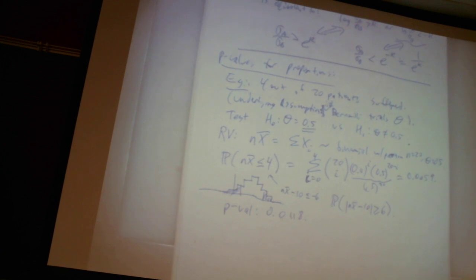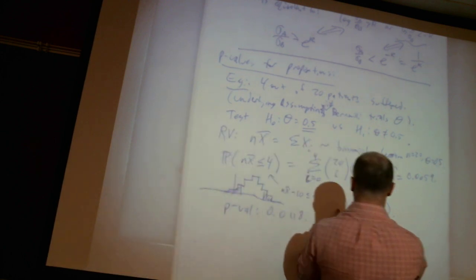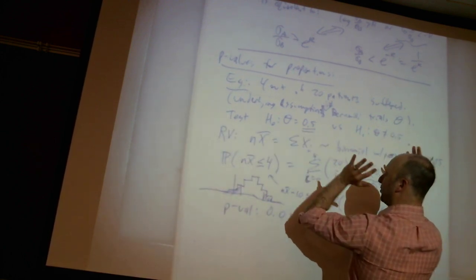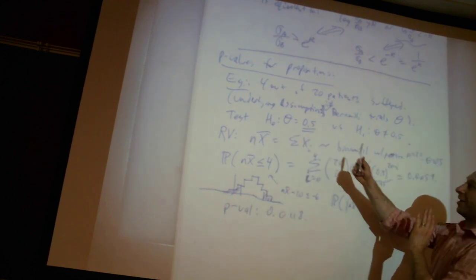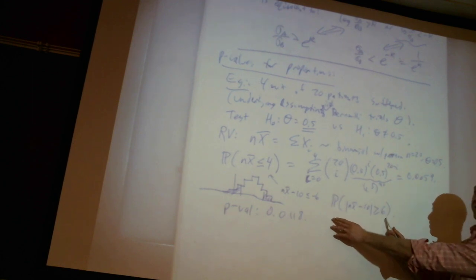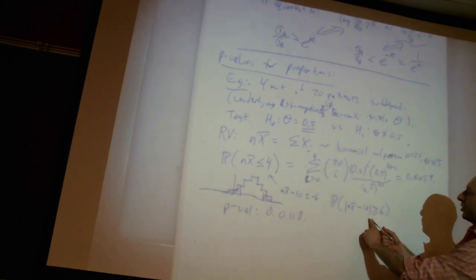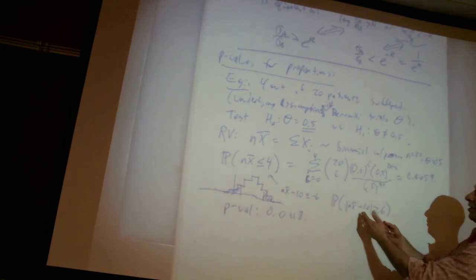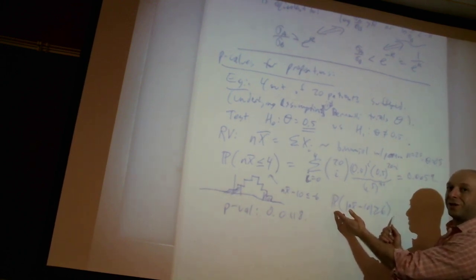I'm sorry, why did you rewrite the probability of nx less than or equal to 4 as nx minus 10 is less than or equal to -6? So the true probability that we're trying to catch is our implied critical region. To do a statistical test, we need a null hypothesis, an alternative hypothesis, and a critical region. The implied critical region is of this shape. And then the question is, what's the likelihood that you saw something in this region?